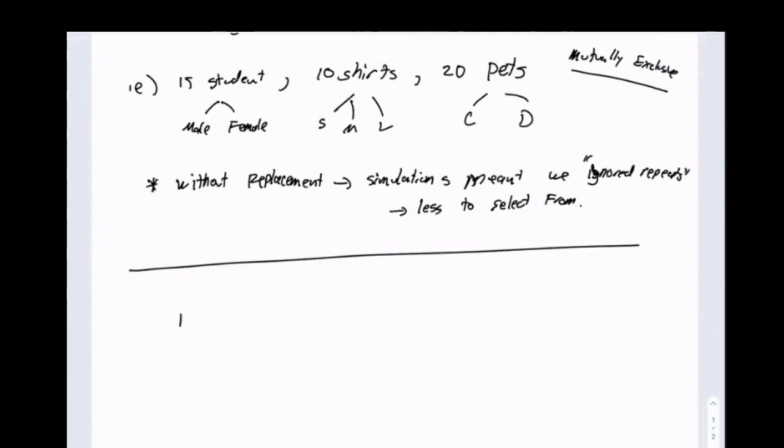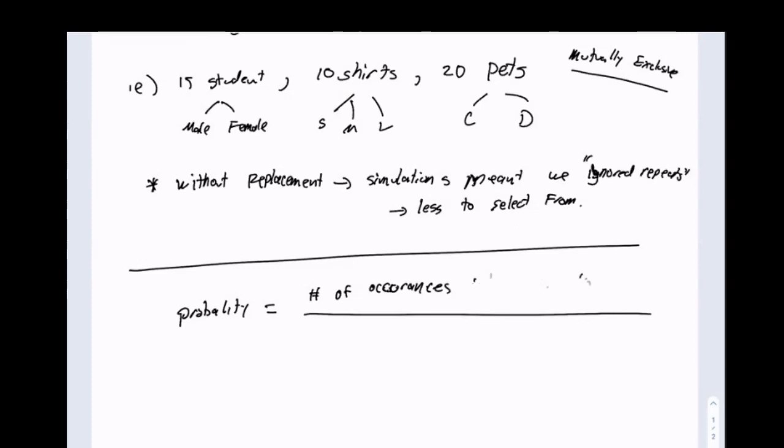If you remember, in terms of probability, the idea here is the number of occurrences we're interested in over the total possible occurrences.